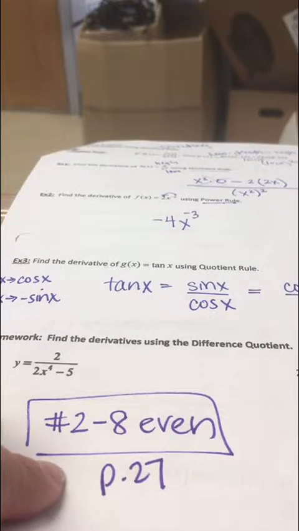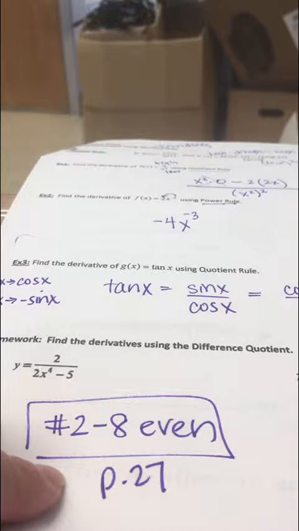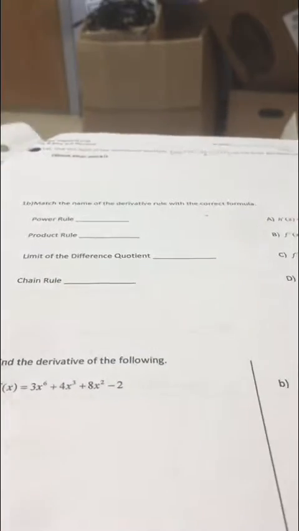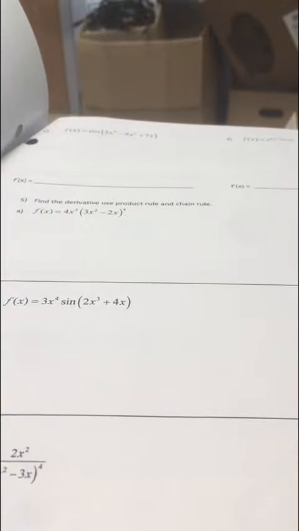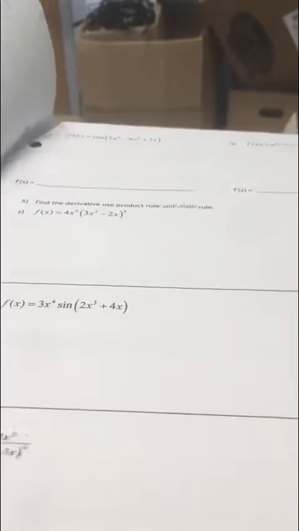So 2 through 8 even, doing the quotient rule of low times d high minus high d low over low squared. And then I would like you to do pages 29, 30, and 31.